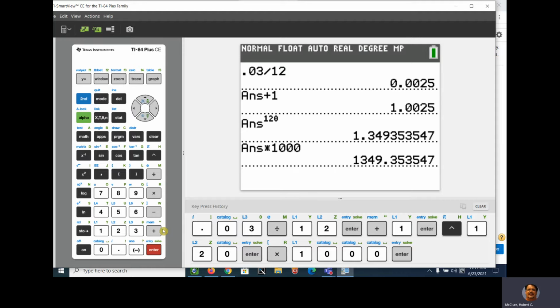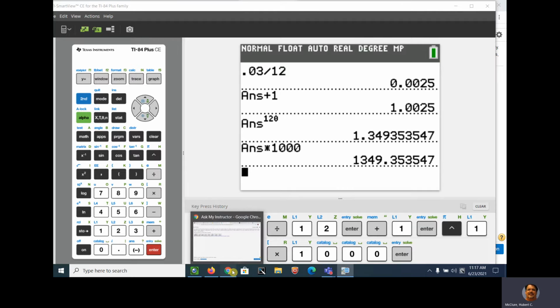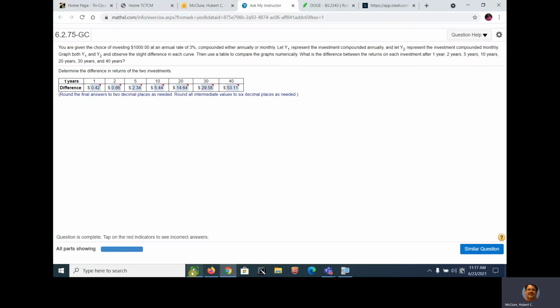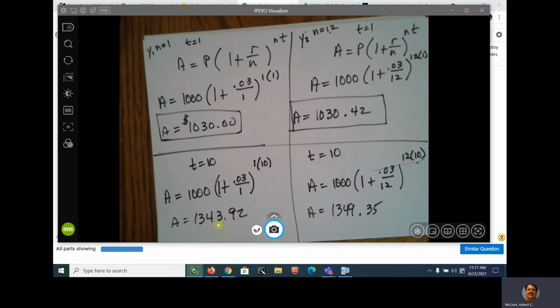And that's going to give you 1349.35. So after 10 years, you've got a difference of about $6 and 62 cents, something like that. Not much difference.